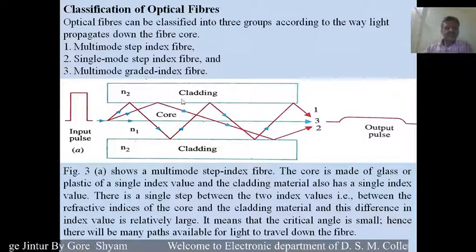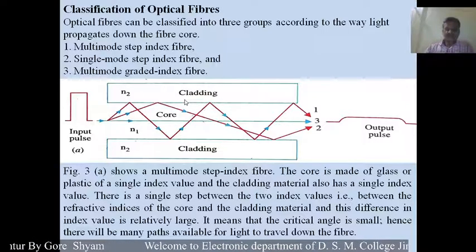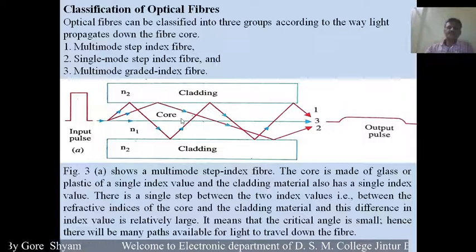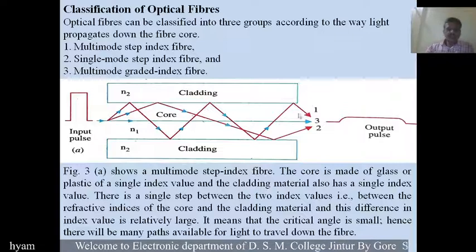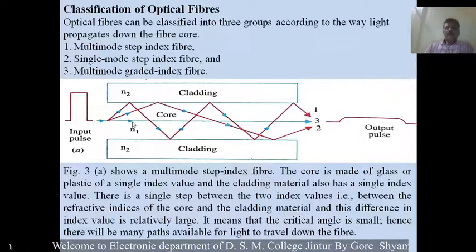So this is the multimode step index fiber, and in this case the light travels from one end to the other end and occupies different paths.